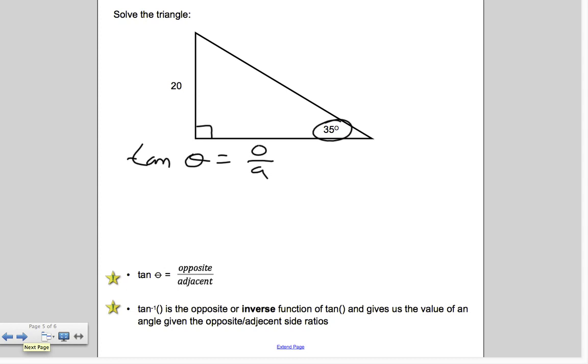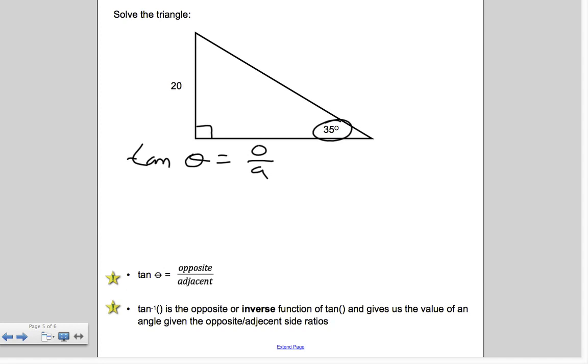What side is opposite this angle? Is it the vertical side, the horizontal side, or the hypotenuse? There are three sides of the triangle. Which side is opposite this angle?